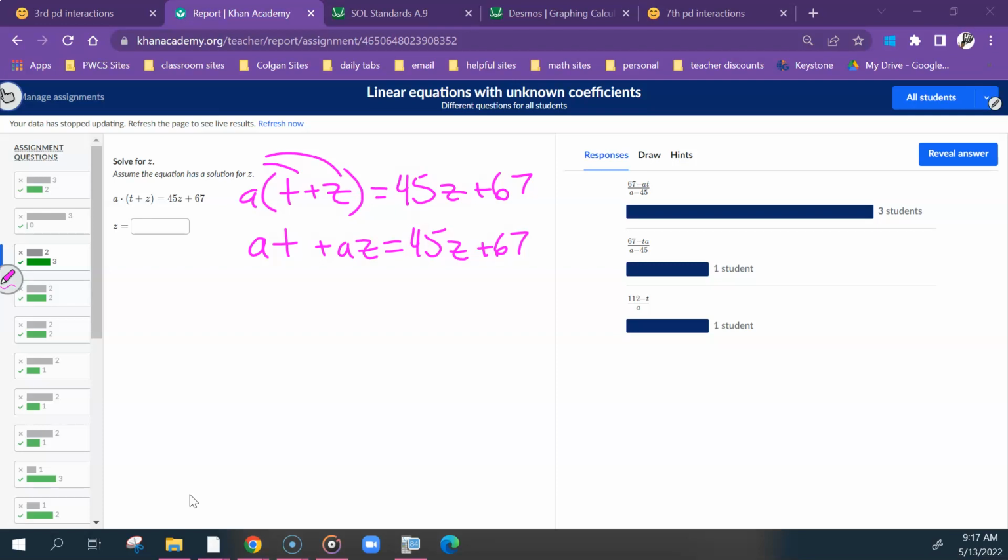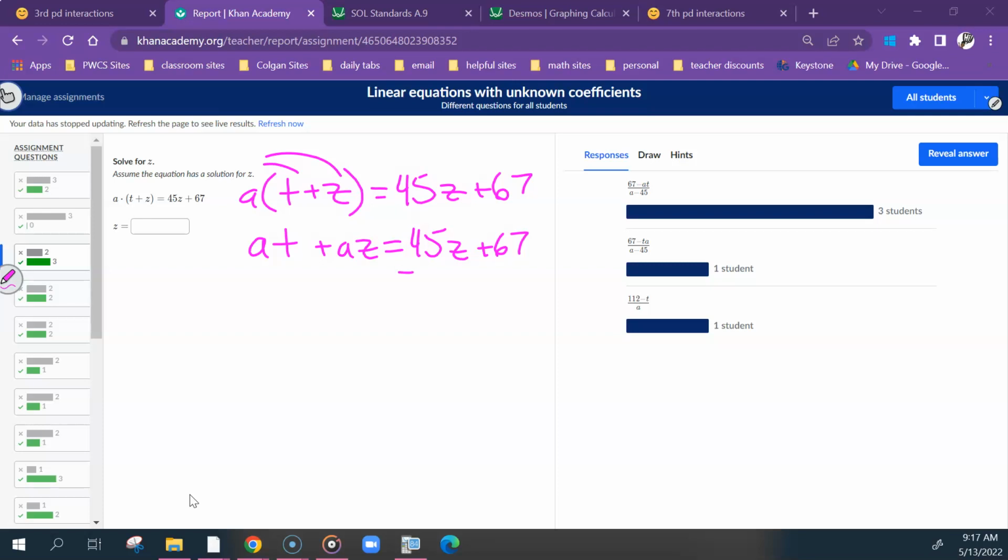Then you're going to move all the Z's to the same side and anything that doesn't have a Z to the opposite side. It doesn't matter how you do this, but let's say I want to move 45Z over. There are different ways to do this. I was trying to figure out what would be the easiest.